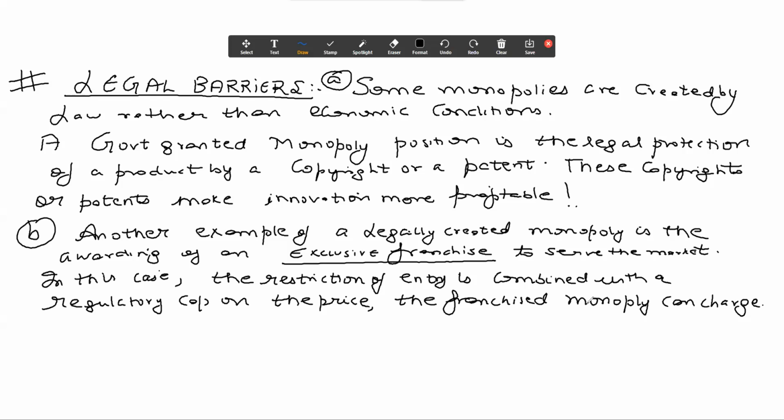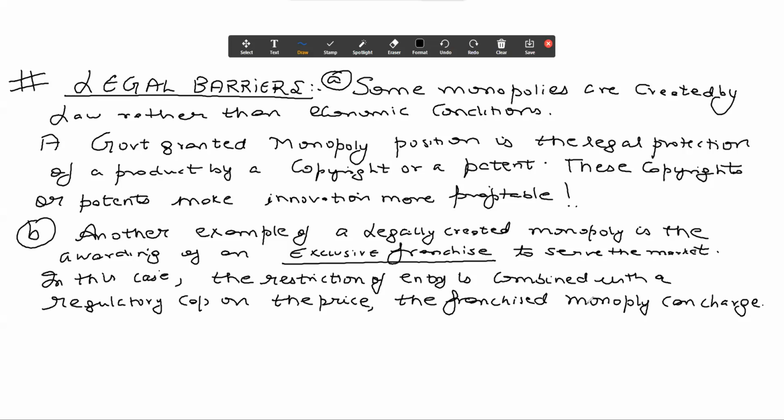So legal barriers will consist of monopolies which are created by the order of the government. How does the government create a monopoly? A government creates a monopoly by granting that monopolist the patent or the copyright for the product it is producing. Obviously, that copyright or patent will make innovation more profitable.